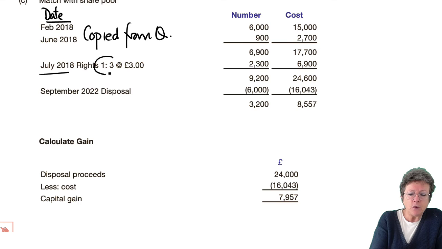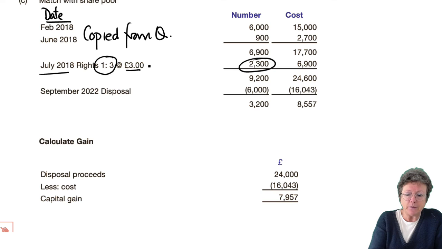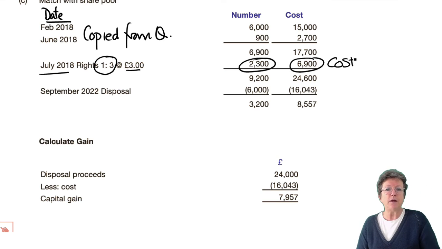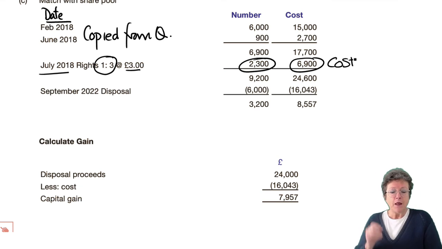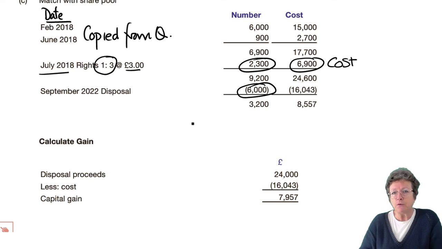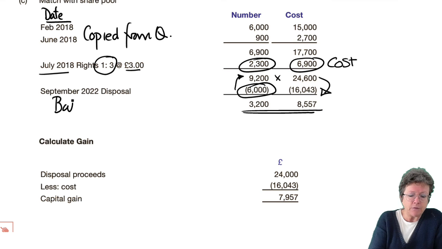A rights issue of 1 for 3, which means we're going to get 2,300 shares. They're valued at £3 each, which means we add in the cost in there of those 2,300 shares at £3 each. Then we deduct the number of shares. 6,000 shares have been sold out of the pool. To find out what the cost is, we do that calculation. That's our balance carried forward.